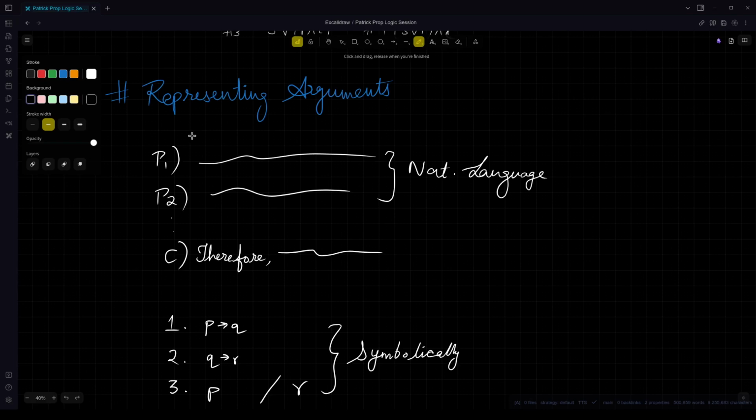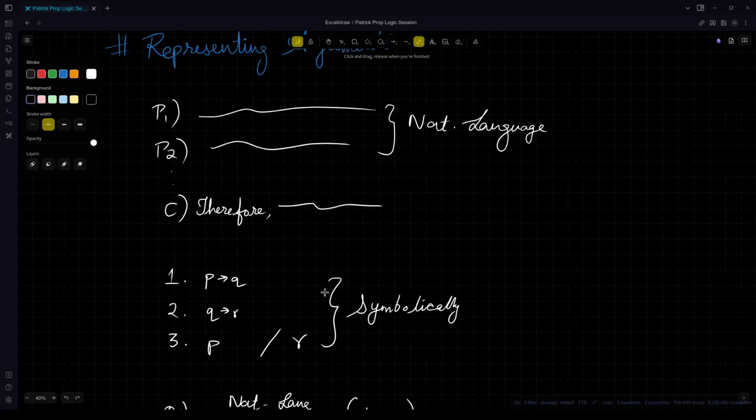One sec, we just skipped the natural language. So you have some argument, and then you have premise one, written in natural language. Premise two, written in natural language, and then maybe you have more than two premises. Sometimes you have five premises. Whatever number of premises you have, after that you end with the conclusion, and you begin the conclusion with therefore, and then you write whatever the conclusion is. So that's generally how we express an argument in natural language.